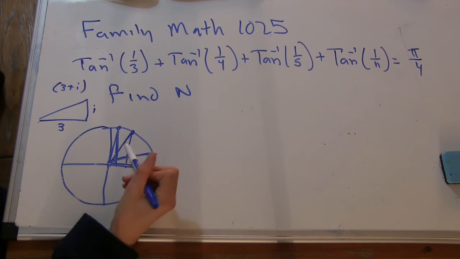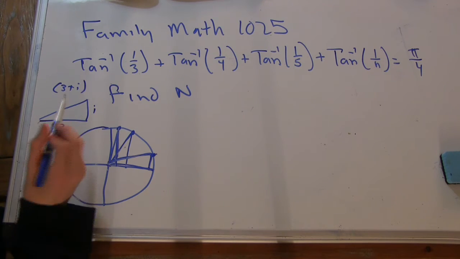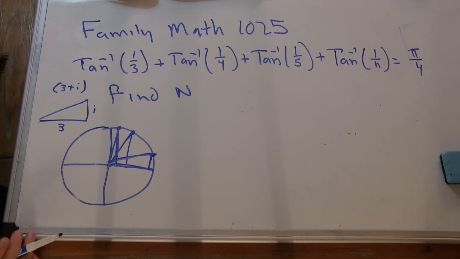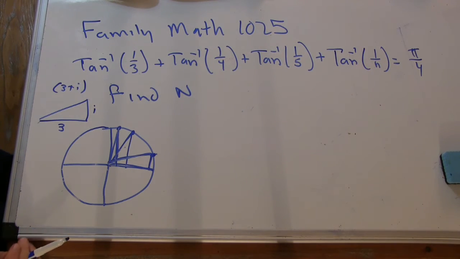Well, magnitude 1, magnitude 1, so they multiply. The magnitudes multiply and the angles add. So what happens when I'm off the unit circle? The magnitudes would still multiply, and the angles still add. So can we use 3 plus i as our number to represent something that has arctan of 1/3? Yes, we could.